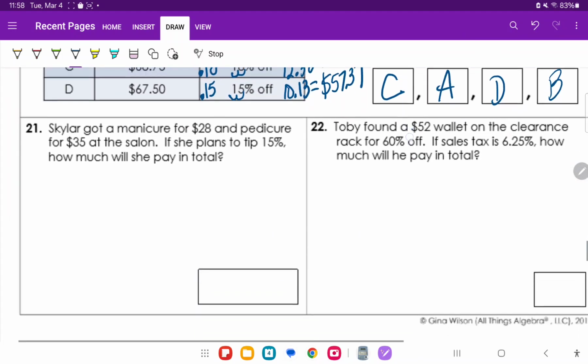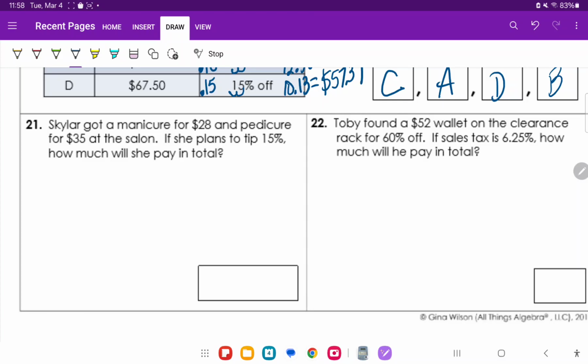Okay, let's look at number 21. Skylar got a manicure for $28 and a pedicure for $35 at the salon. If she plans to tip 15%, how much will she pay in total? All right? So the first thing we have to do here is take the manicure and the pedicure and add those together.